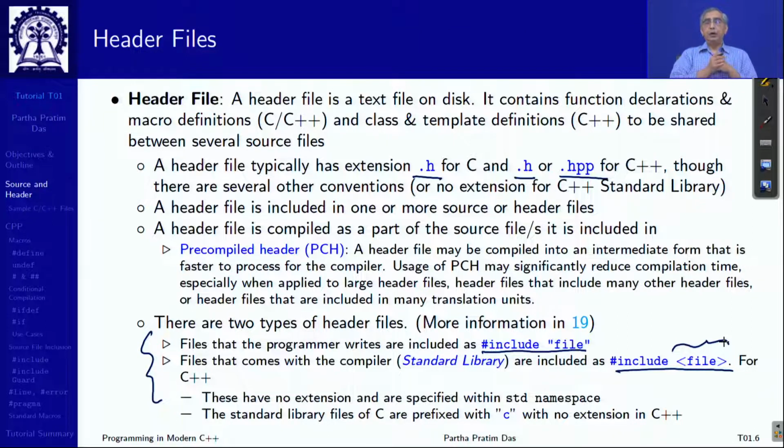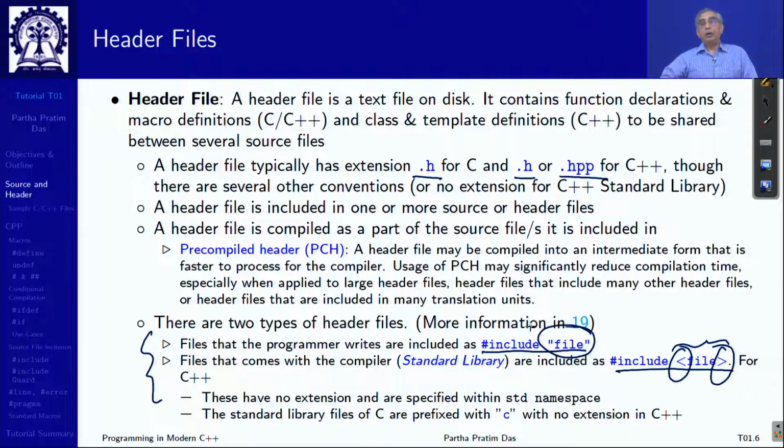Very simple. What the preprocessor does is, based on the type of quoting, whether it is double quote or corner bracket, it knows what is the directory, what is the location in your system where it will look for that header file. Right? You have not given the entire directory path. You are just saying complex.h, or you are just saying iostream. How does the system know where that header file exists? So, for the standard library, the system has to know, and the system looks there based on this notation.